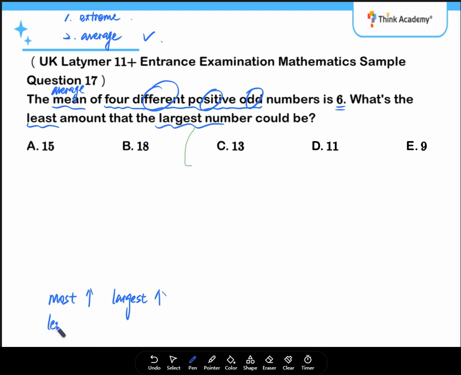But if it's least, you put a downward arrow. And if it's the smallest, it's downward. So as you can see, if it's 2 same arrows, like 2 upwards arrows, that means it's maximum. And if it's 2 downwards arrows, it means it's minimum, right?